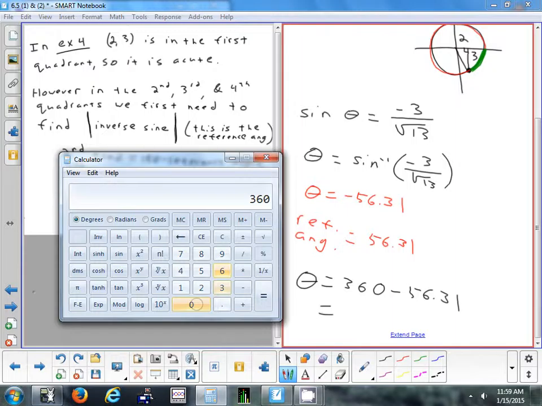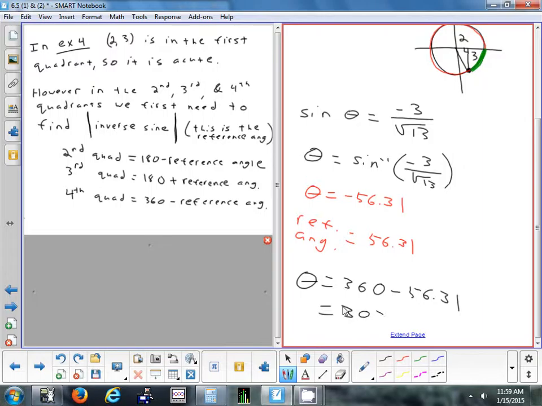Right, so that arc in red is about 303.69 degrees. Even if you don't understand it visually, you don't need to. All you have to understand is use those formulas. That's it.